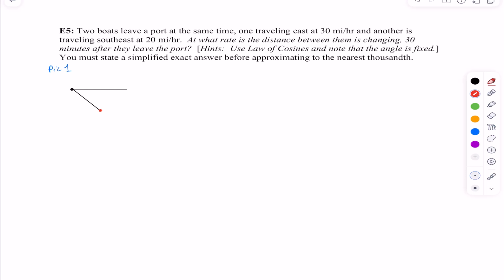I'm going to call this distance A. I'm going to call this distance B. And the two boats are at the end there. This will create a distance, which I will call lowercase c. Now my moment picture is very similar.